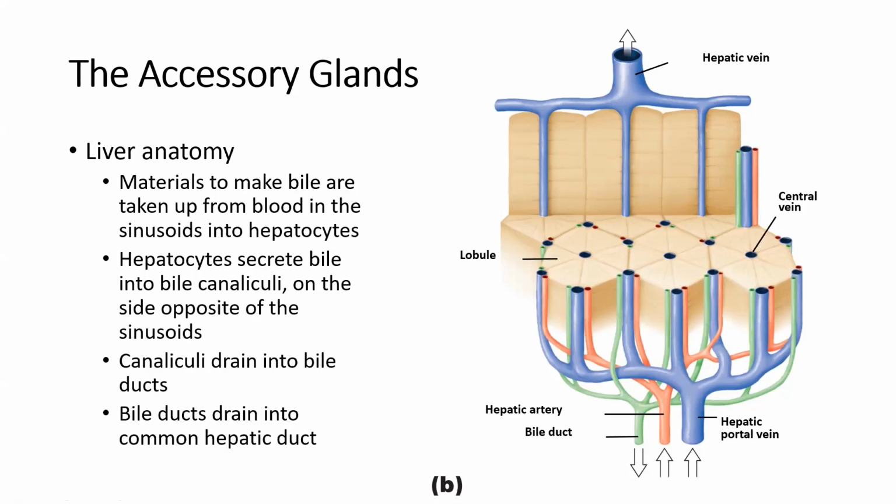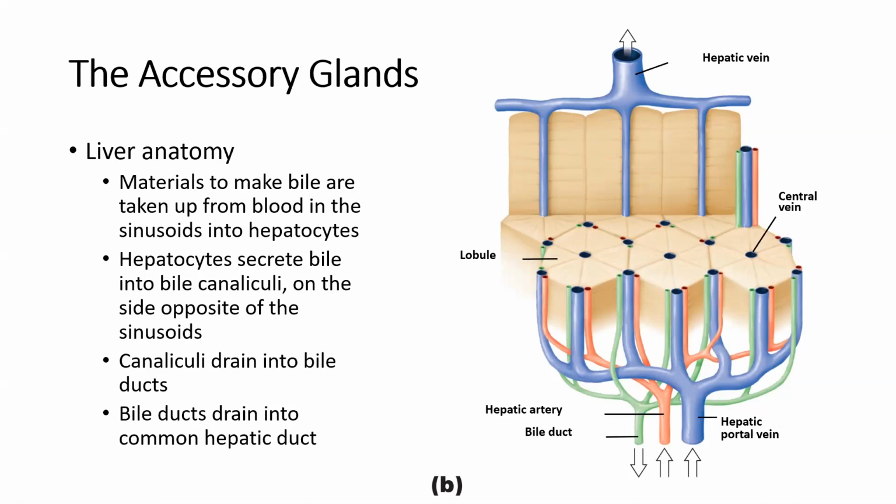We've heard of the term canaliculi before. It's really just a small duct. When we talk about the lacrimal canaliculi, it's a similar type of structure, a very tiny duct. And so these canaliculi take up this bile, release it onto the opposite side of the sinusoids, and then it can drain into the bile ducts.